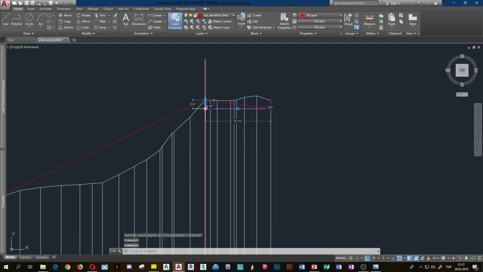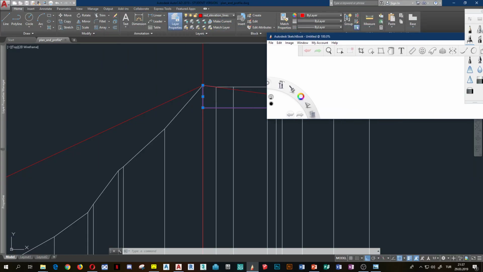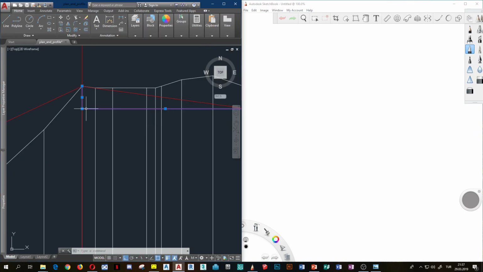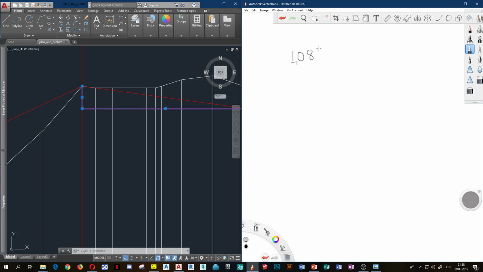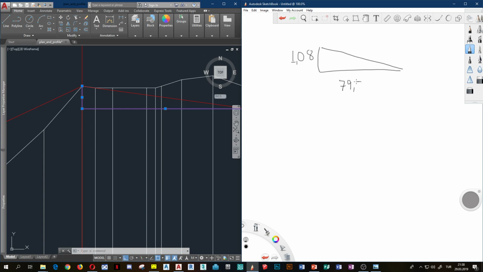Look at that, it's my G2 triangle and it's 1.08 meters and 79.72 meters. Of course, meters, and it's G2.